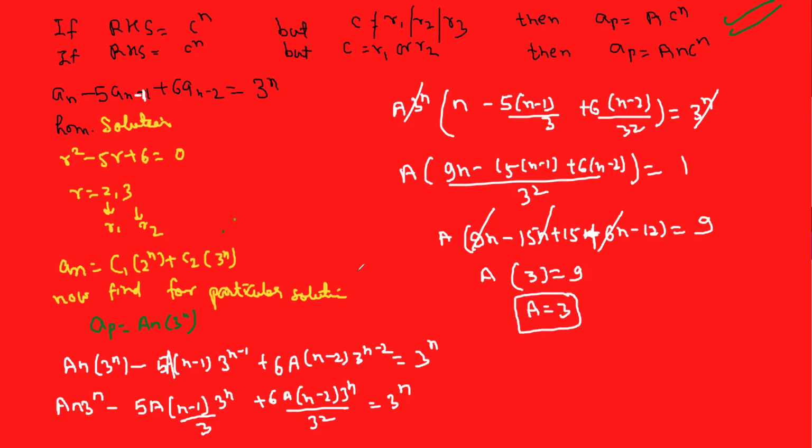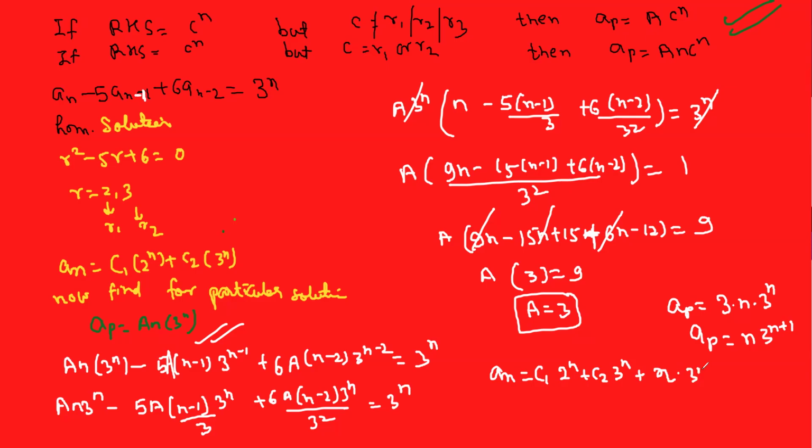A is equal to 3. Okay. So put here A is equal to 3. AP will be what? Understood? Yes. Final answer will be homogeneous solution plus AP. Right? Okay, this is your answer.